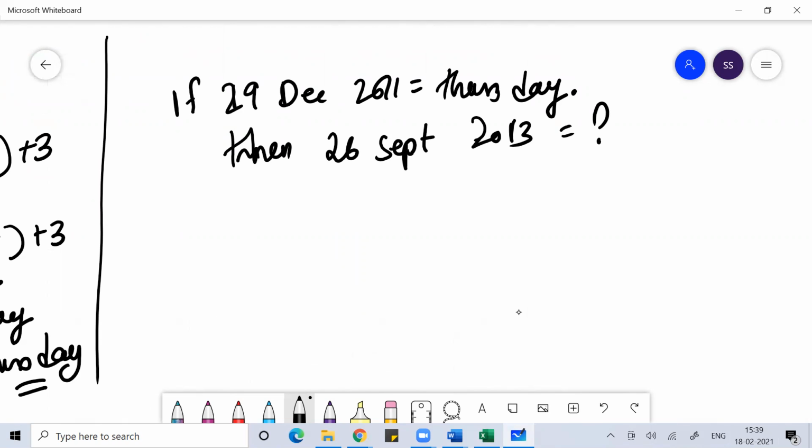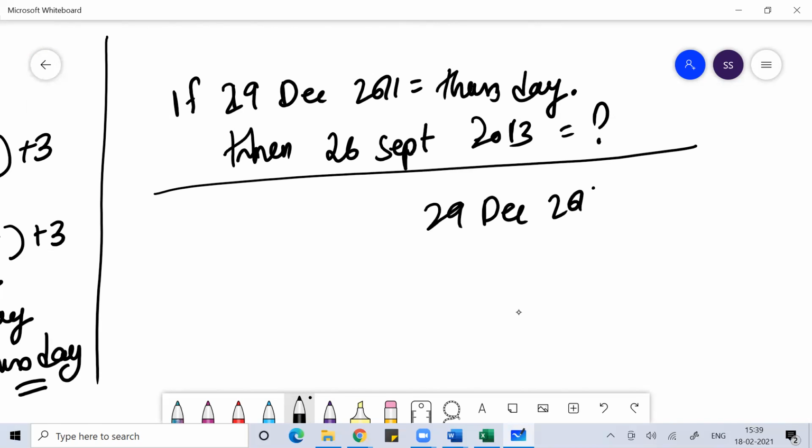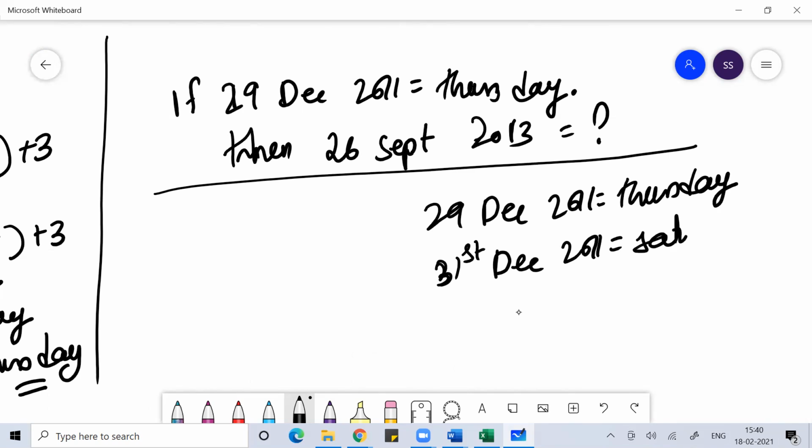So 29 December 2011 was Thursday. So I can find 31st December 2011. It would be Saturday. Then 1st January 2012 will be Sunday.